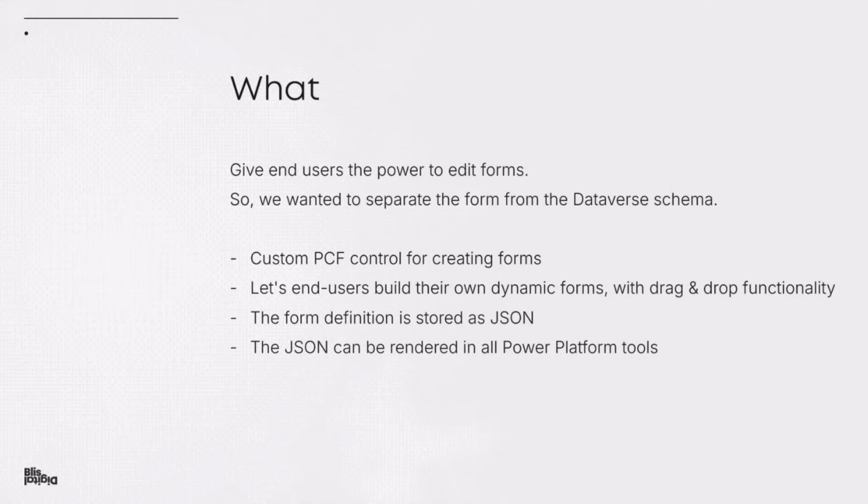The end users could build their own dynamic forms with drag and drop functionality. The form definition is stored in a JSON single line text inside Dataverse, and you can use the JSON string to render it in a Power Page, in a model-driven app, or in a Canvas app.